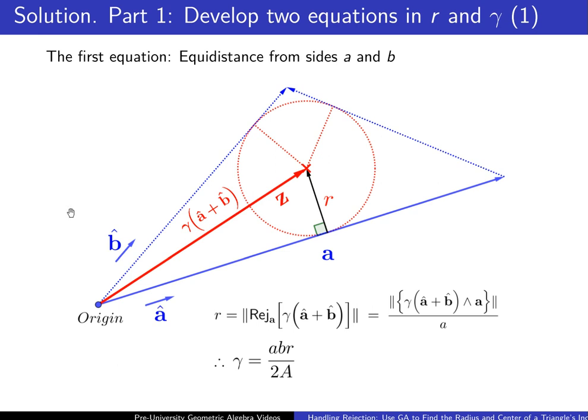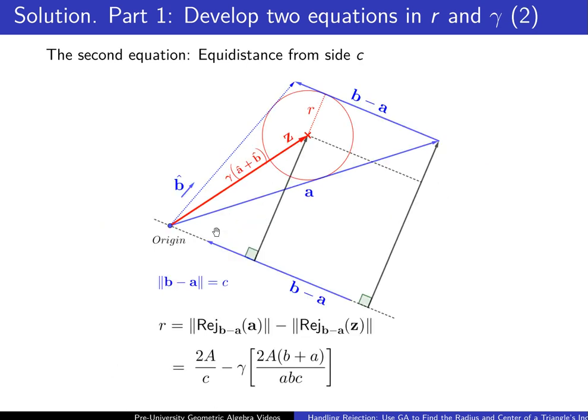The first equation expresses the equidistance of this point from the sides A and B. In order for this point to be equidistant from the two sides, it must be at the distance r from side A, and also from side B. We could work it that way, but using it as a rejection with respect to A of Z, which is gamma times A hat plus B hat, and then expressing that as the wedge product, A hat wedge A is 0, so we just get B hat wedge A. When the smoke clears and we do a few other things, we get our first equation that relates gamma and r: gamma is A times B times r over 2 times A.